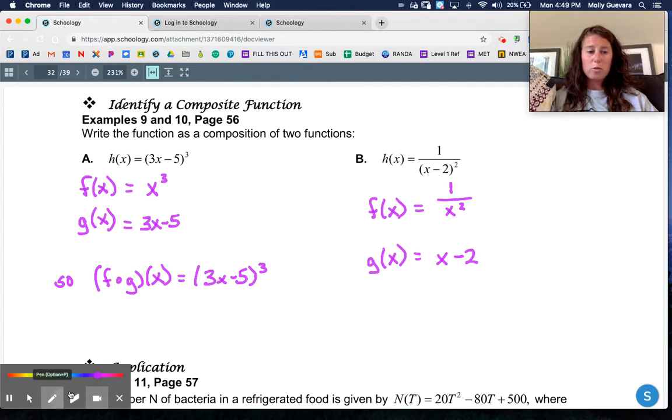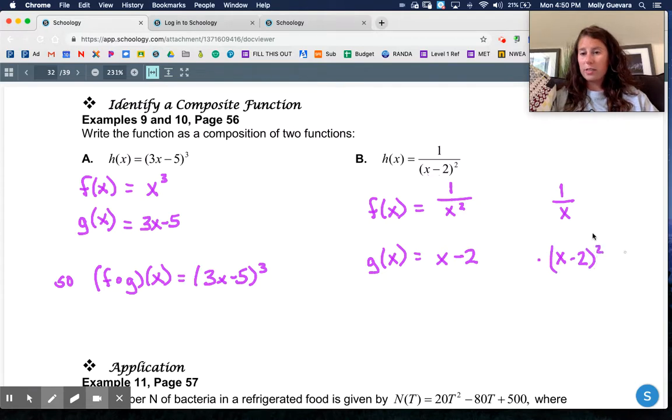So if you saw something different, totally fine, right? You could have had f of x is 1 over x, and then g of x could be x minus 2 squared. And that would also work, right? Because if I take this and plug it in, I would get that. Okay, so there are other options here. I'm just trying to show you the simplest one.